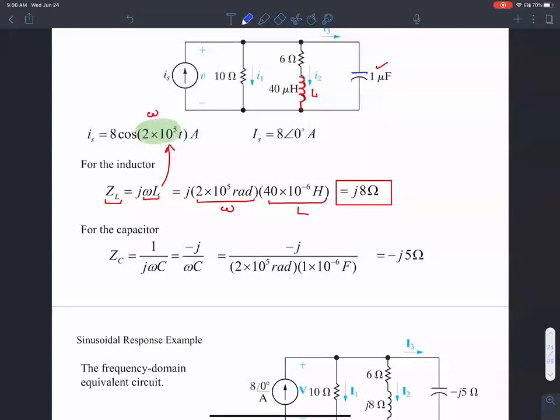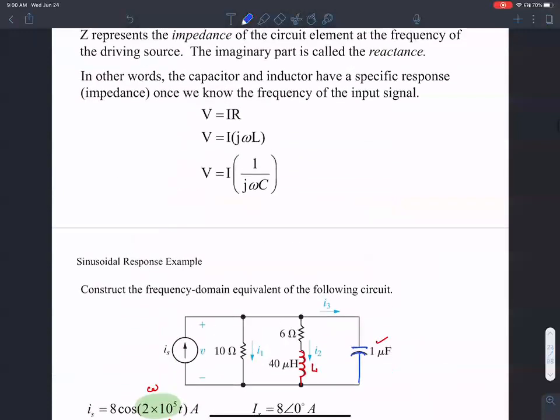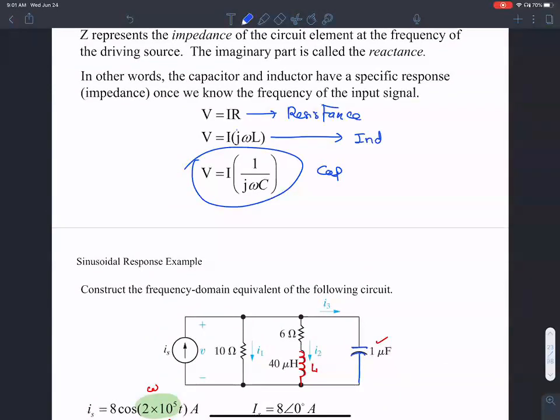Then I can convert this capacitance into the frequency domain by finding 1 over j omega C. Remember, 1 over j omega C is the relationship between V and I in a capacitance, and this one is the VI relationship with an inductance in the frequency domain, and this one is the resistance. So I can calculate this frequency dependent impedance term.